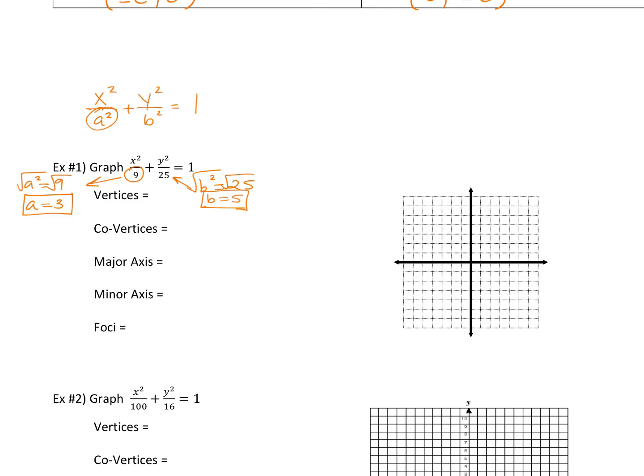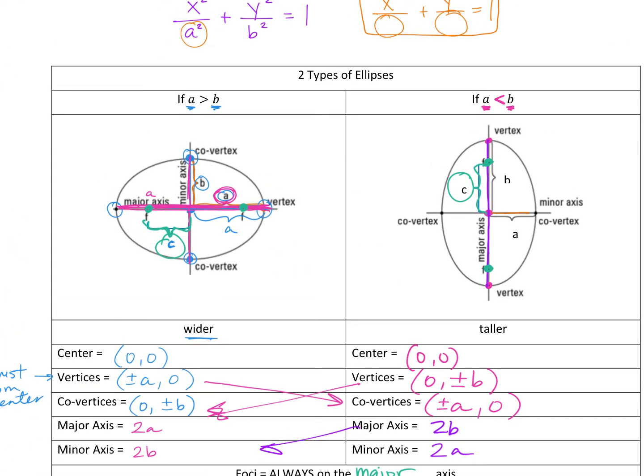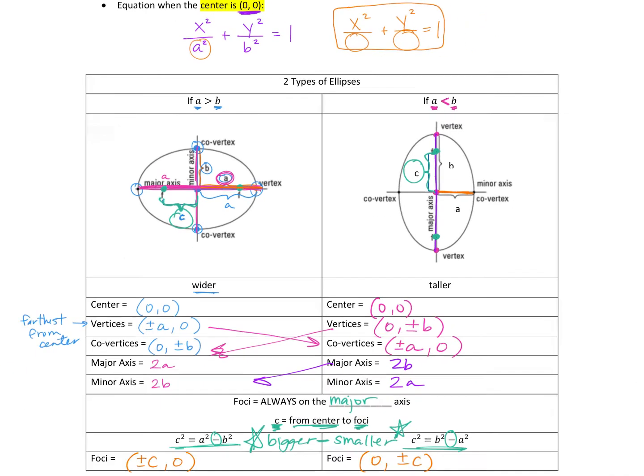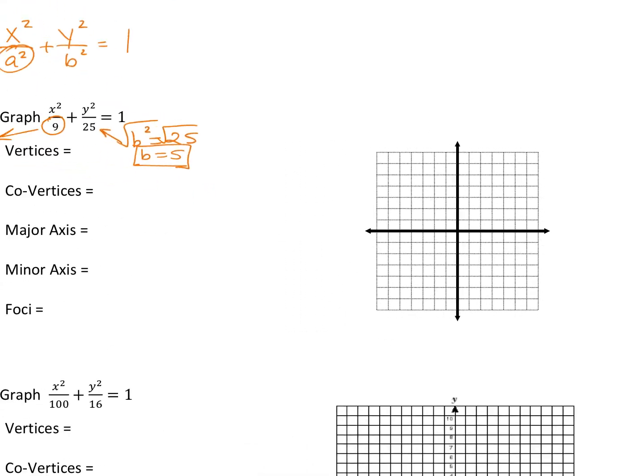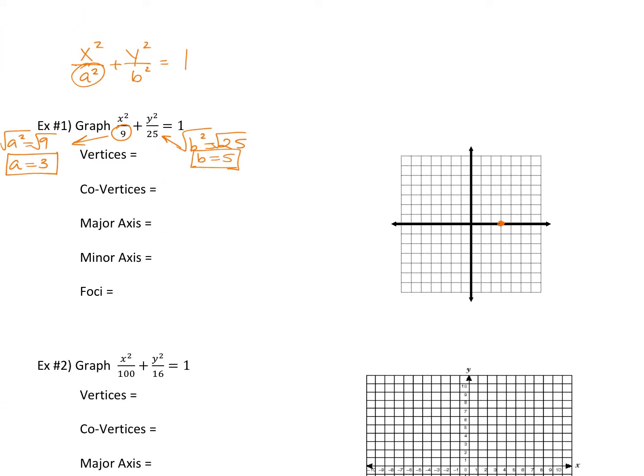If you look back here, this is your A. So if A is 3, then on your graph, you can go 1, 2, 3, and 1, 2, 3. That's your A value. B being 5 means you're going to go up 5, 1, 2, 3, 4, 5, and down 5, 1, 2, 3, 4, 5. That's your B value.